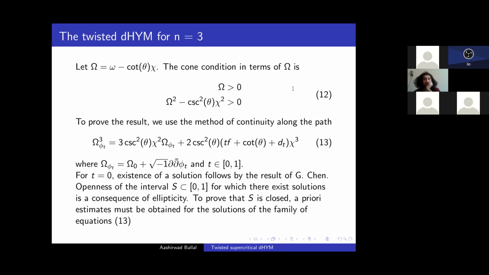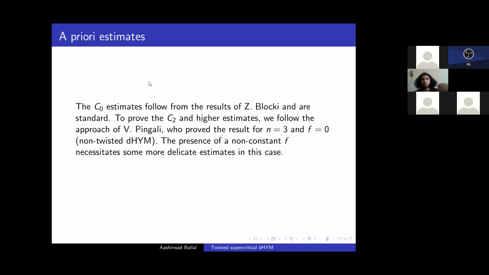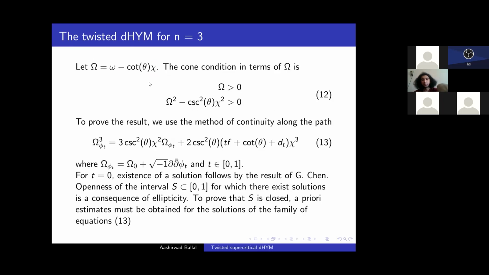We use the continuity method. First we make a substitution: instead of considering the equation for a small omega, we let capital omega be this expression, and in terms of capital omega, the Cohen conditions can be written as these two conditions, and the dHYM equation also changes.